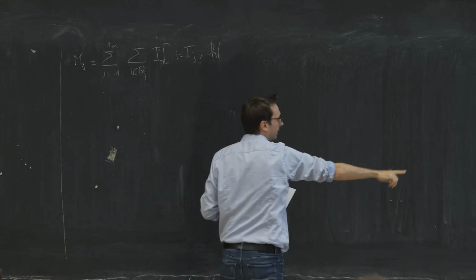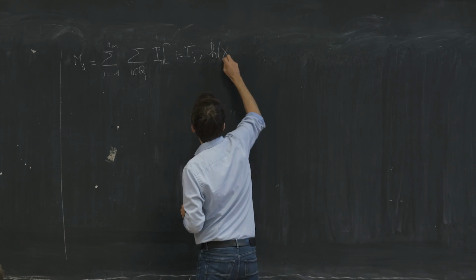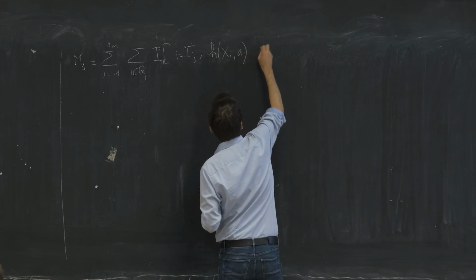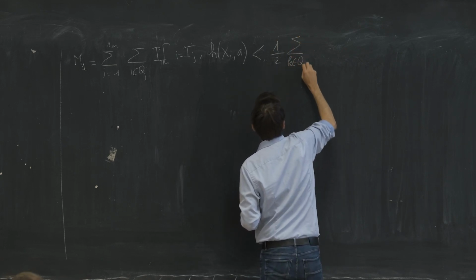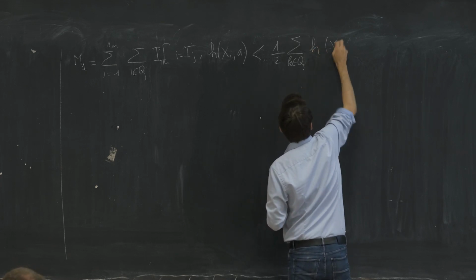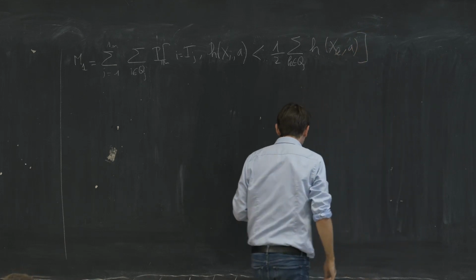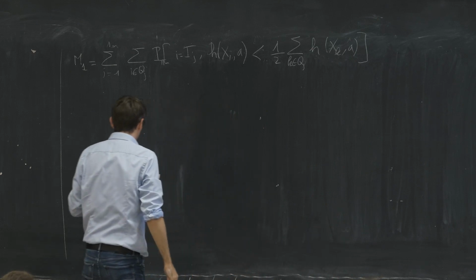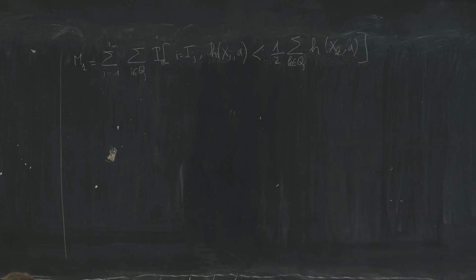I just rewrite a little bit the expression. So 1 minus li, I can pull it on the other side. So it's equivalent to have this in terms of h smaller than a half, and the sum for k in Qj, k different from i, of h of xk, a. This is just a rewriting of what was there.